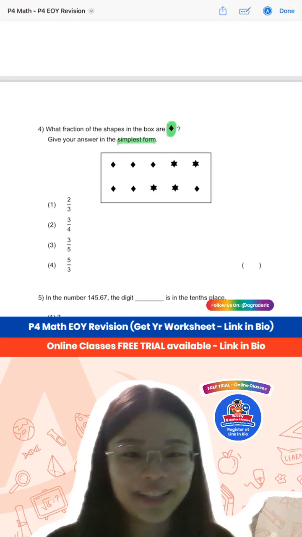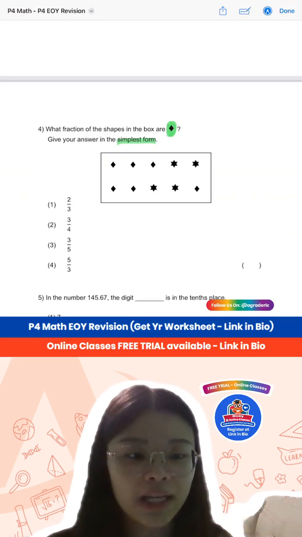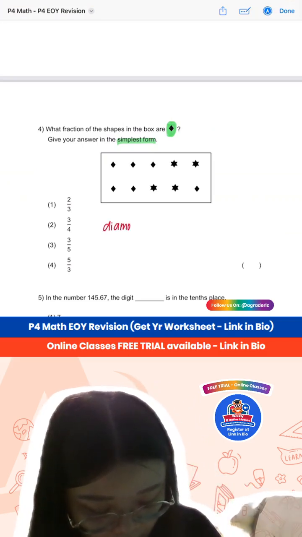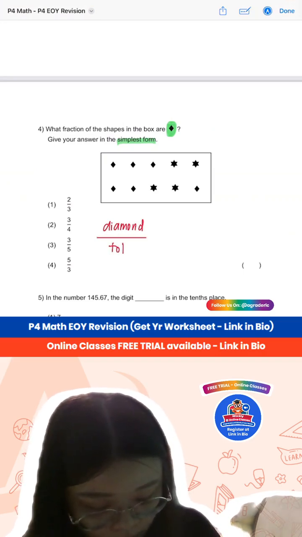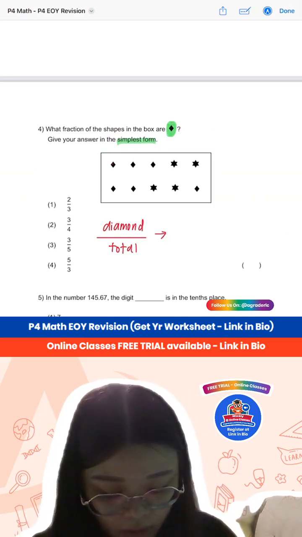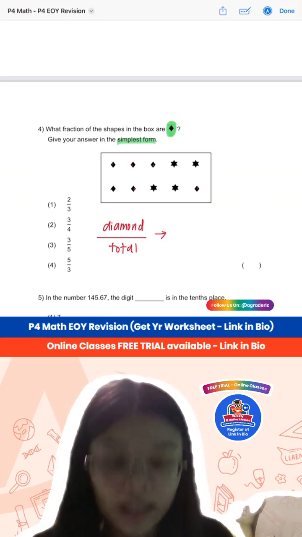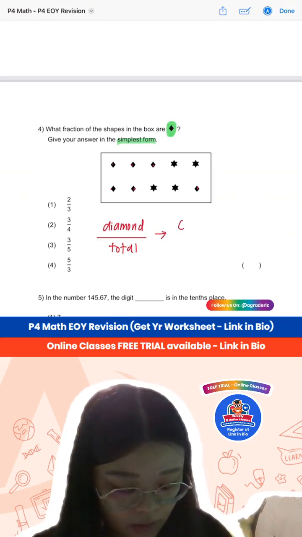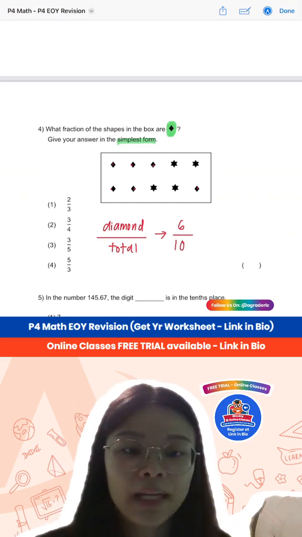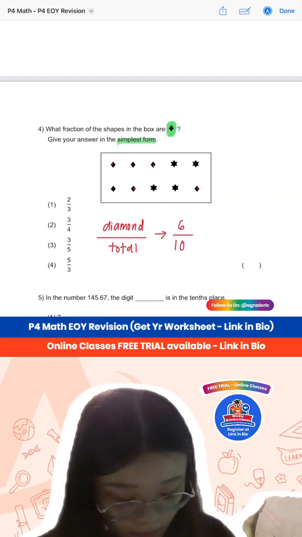Very well done. We want fractions of the box, and I want it to be diamond, right? So the fraction must be diamond out of total. There are 1, 2, 3, 4, 5, 6 diamond pieces, so 6 above. And the total number of shapes is 10. Since we are looking for simplest form, we simplify it.